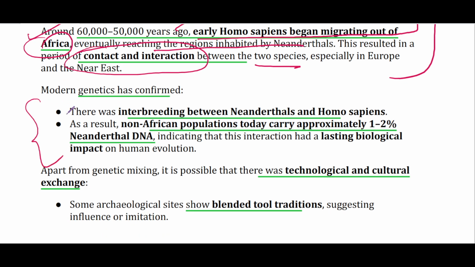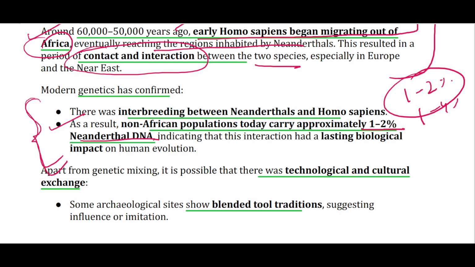Now, there are many theories about the intensity of that contact and interaction. Recently, a study by the Max Planck Institute found that the non-African population carries around 1 to 4% of Neanderthal DNA, 1 to 2% or 1 to 4%.